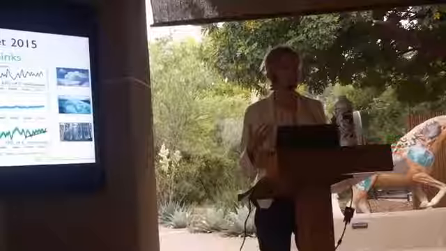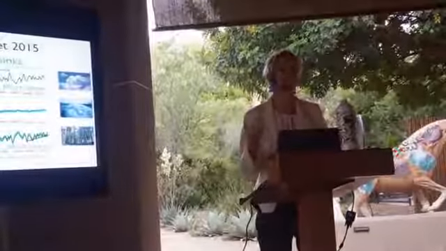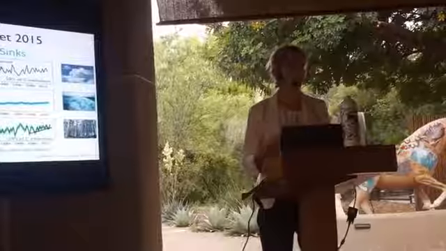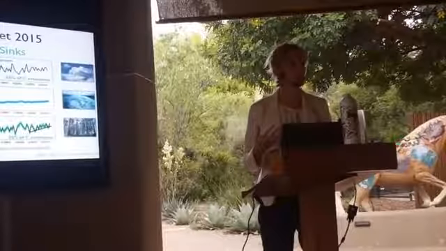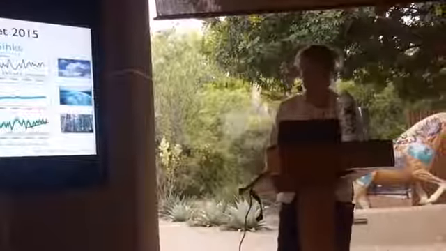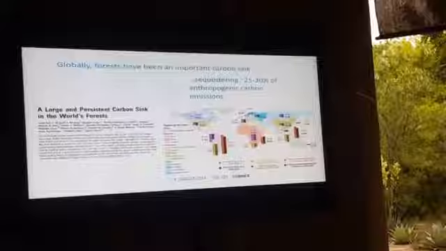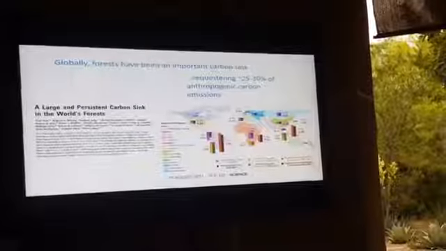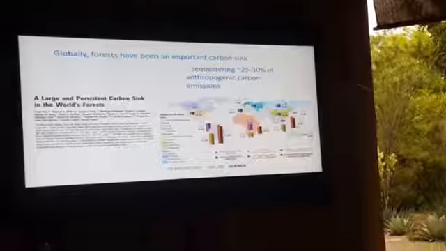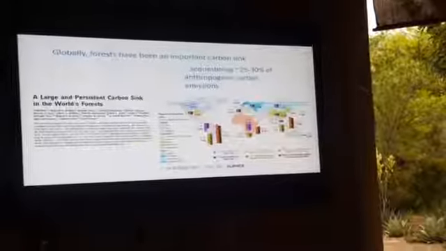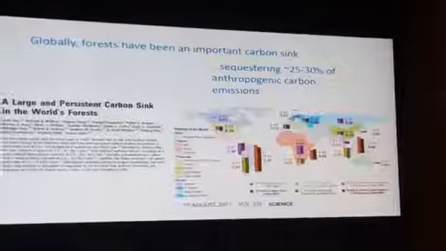When plants do photosynthesis, they take CO2 out of the atmosphere and they turn it into sugars and they turn it into biomass. So trees are doing this for us. And to emphasize this point, forests have been globally an important carbon sink, sequestering about 1/4 to 1/3 of those excess greenhouse gases, CO2, that we're putting in the atmosphere.